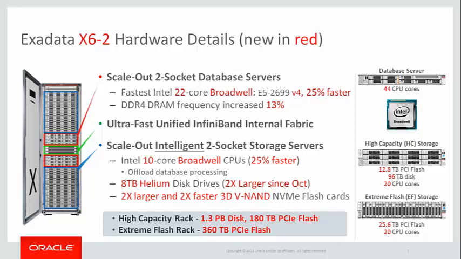That is in the high capacity storage servers. And extreme flash storage servers has 360 terabytes of PCIe flash. So there's a huge amount of flash, more than a customer would typically use, and significant processing power in compute servers.